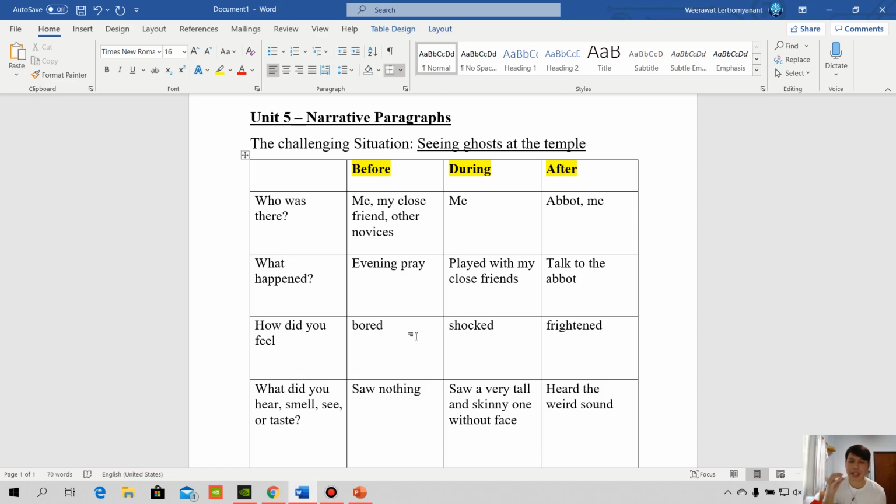So you have to see the picture in your mind first. That means you have to be able to visualize what happened in the situation, and then you can get some information regarding these questions.